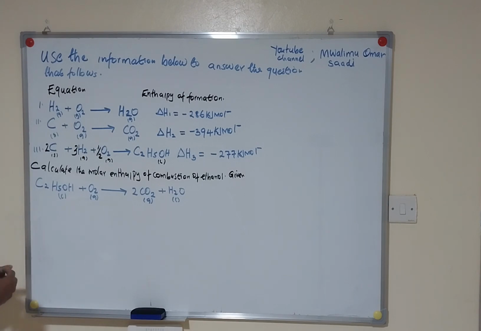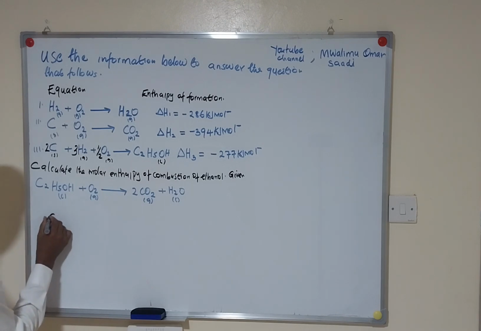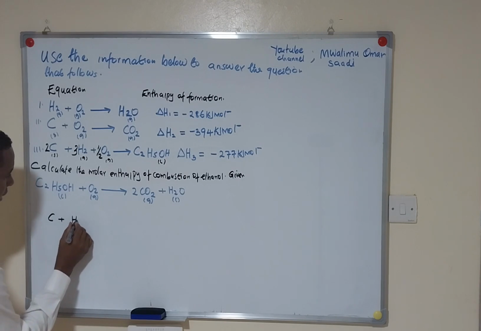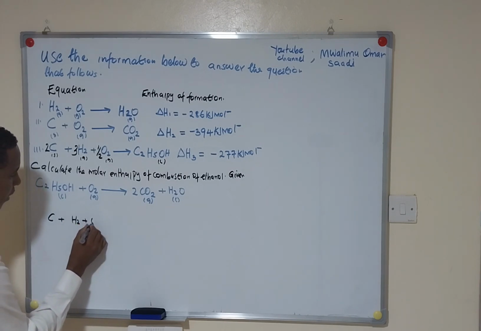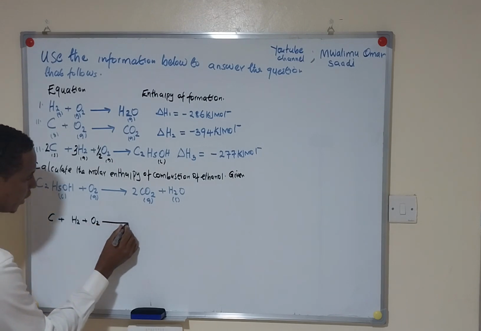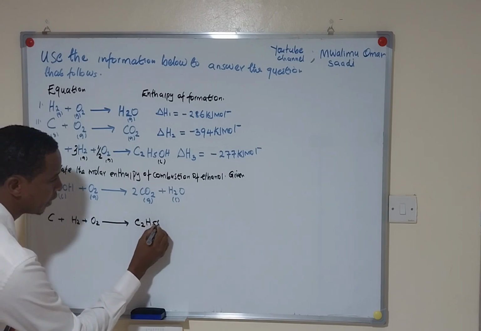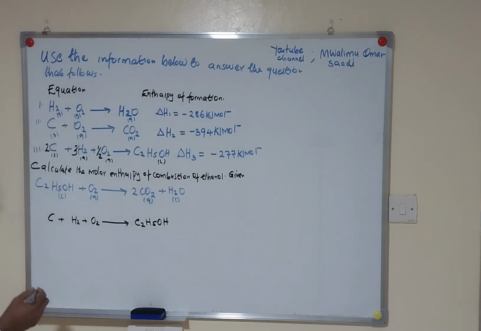So here we have got carbon plus hydrogen plus oxygen forming ethanol.